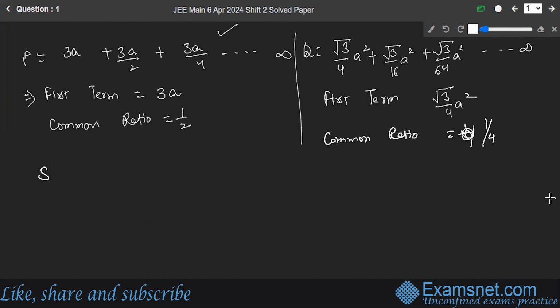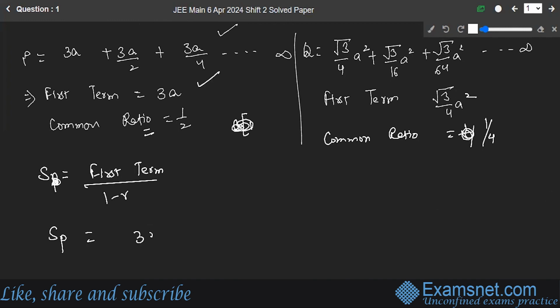It is given by the first term upon 1 minus R, that is, the common ratio. So SP is equal to the first term 3A upon 1 minus the common ratio 1/2. This gives me 3A upon 1/2, or this is equal to 6A.